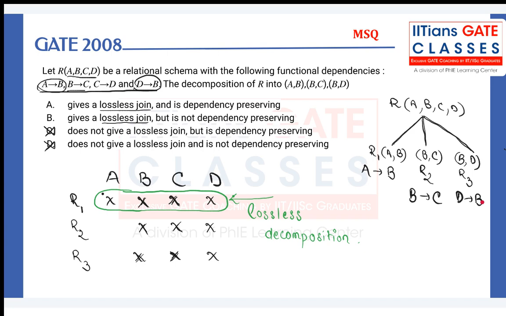Yes, Jigya, are you able to understand this point? Yes. Okay. What does it mean? It means that C derives D does not go into any of R1, R2, or R3. Correct?